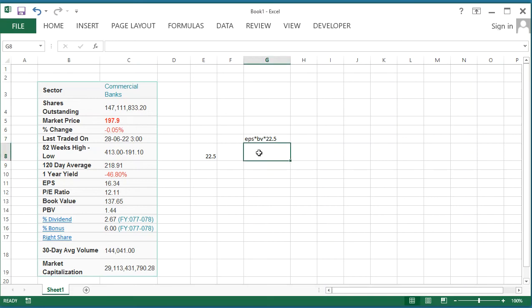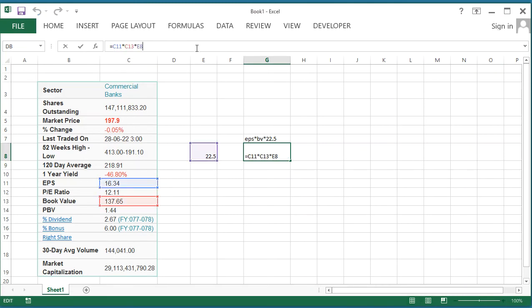I'll calculate below here. So what I'm going to do is take the EPS and multiply it by book value, which is over here, 137.65, and I'm going to multiply it by 22.5 and hit enter. So I get the value of 50,607.0225.